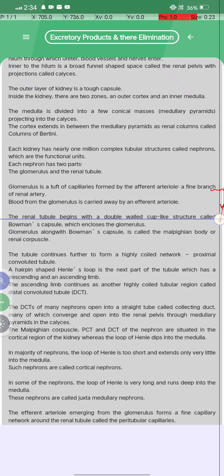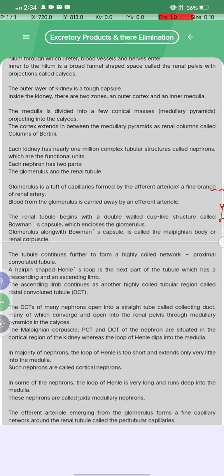The renal tubule begins with a double-walled cup-like structure called Bowman's capsule, which encloses the glomerulus. The glomerulus along with Bowman's capsule is called the Malpighian body or renal corpuscle.